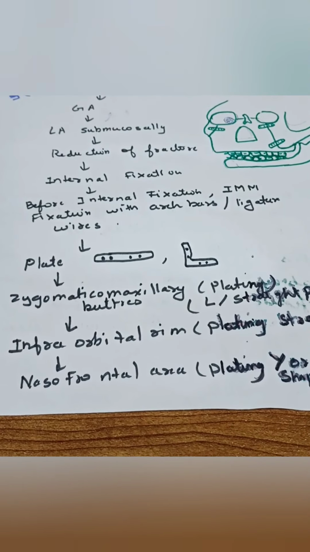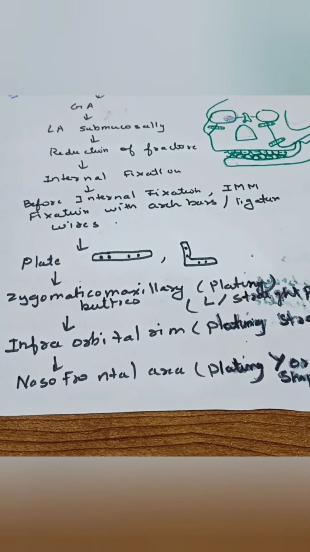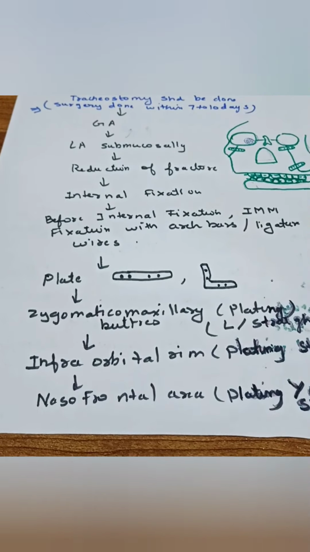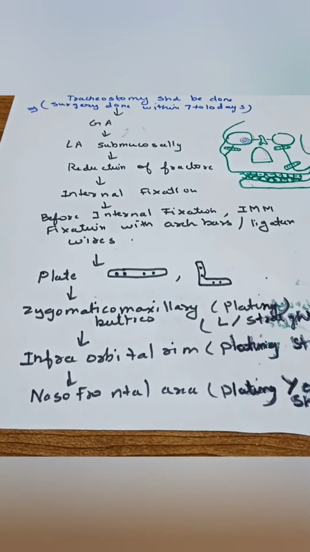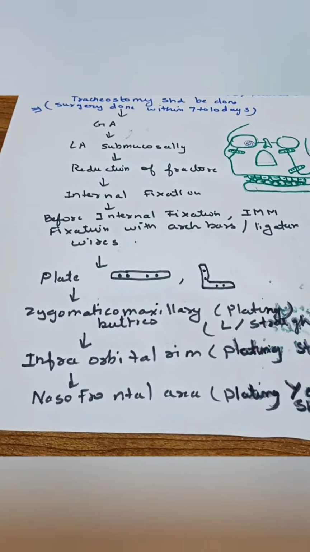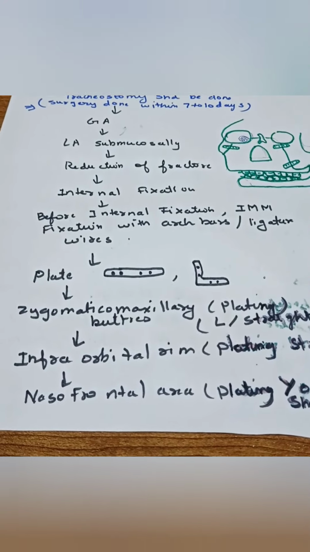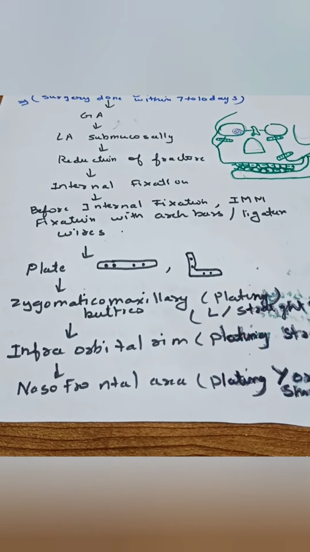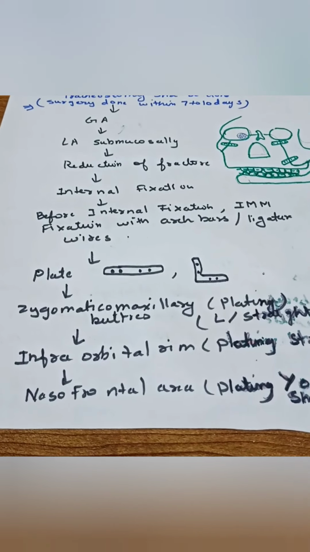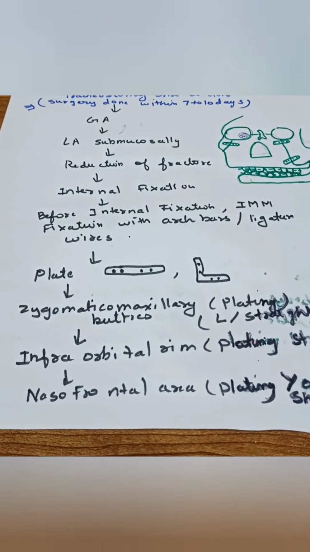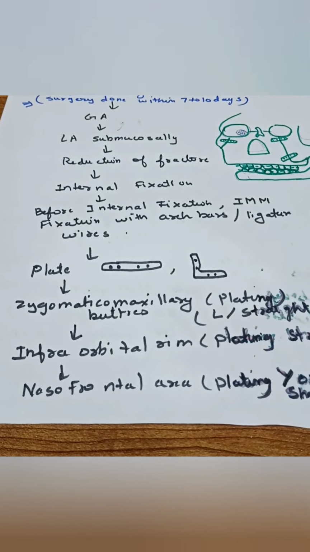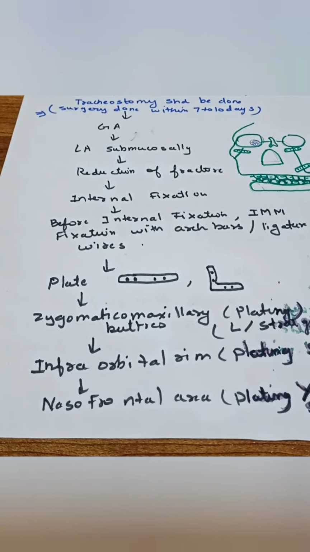Once you fix the fracture site with the plate, let it remain inside the patient's body. After 3 weeks, once the occlusion settles down, you can remove the arch bars and the ligature wires from the patient's mouth.